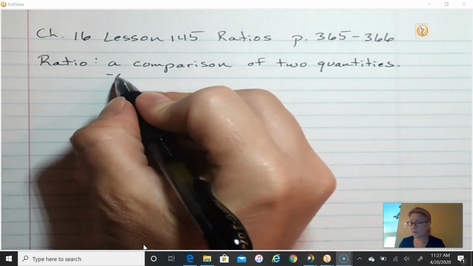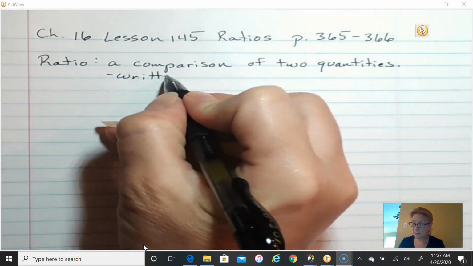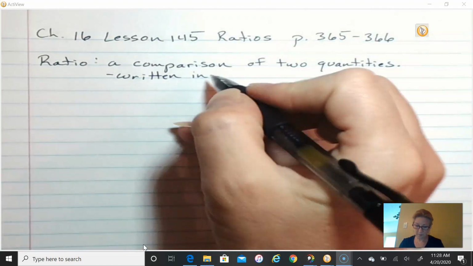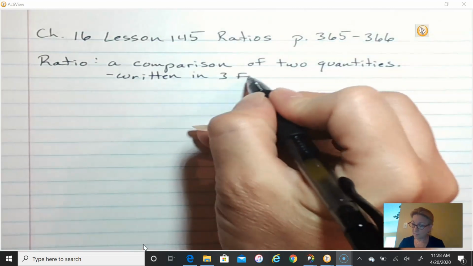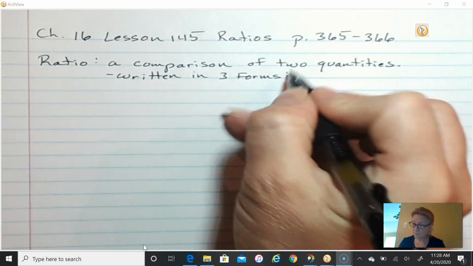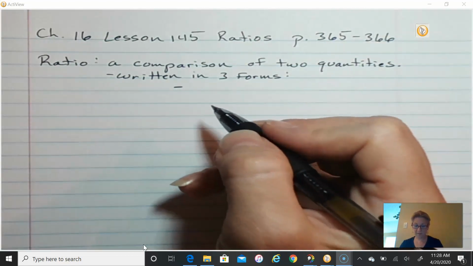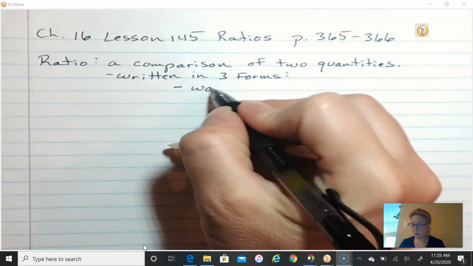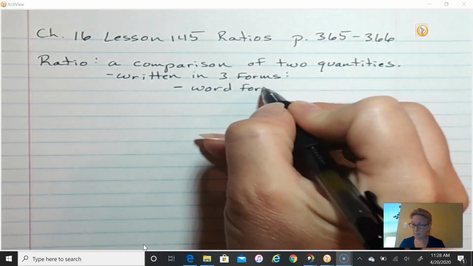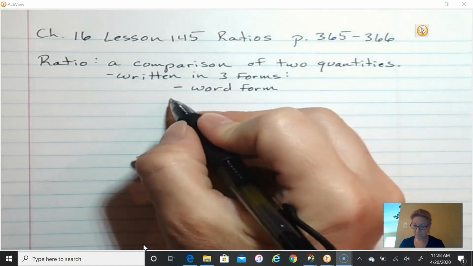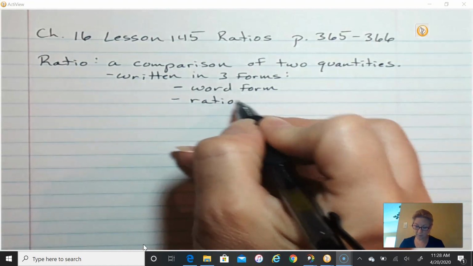They are written in three forms: word form, ratio form, and fraction form.